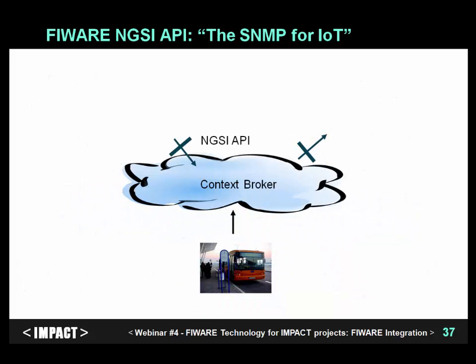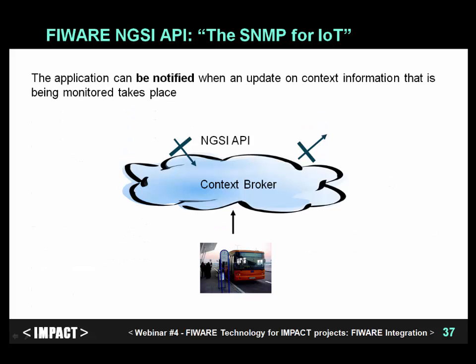And of course, not just read or write information from IoT devices, but applications can also get notified. They can subscribe to notifications and get notified whenever a specific update on monitored context information takes place.